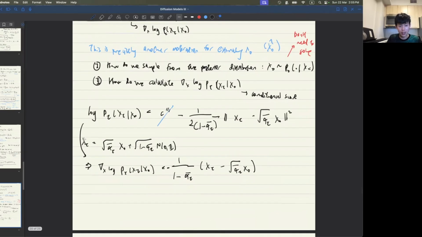And because xt is equal to square root alpha t bar x0 plus some random noise, this term is precisely the random noise, right? So it is equal to epsilon t over square root 1 minus alpha t bar.